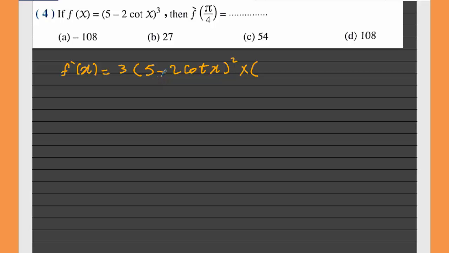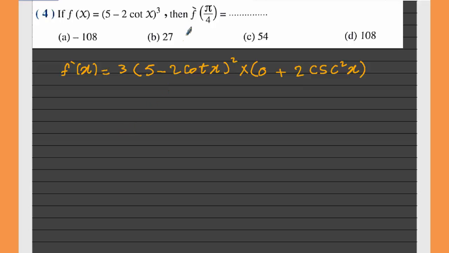So the derivative of 5 is 0 minus 2 multiply derivative of cotan. The derivative of cotan is negative cosec square. Negative multiply negative equals positive. So we have 2 cosec square of x.